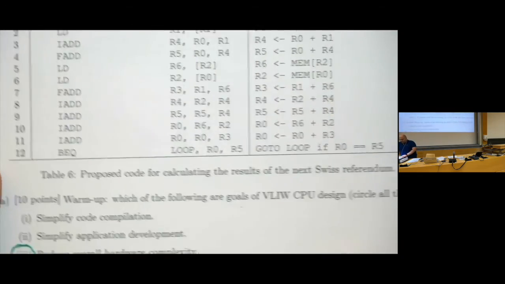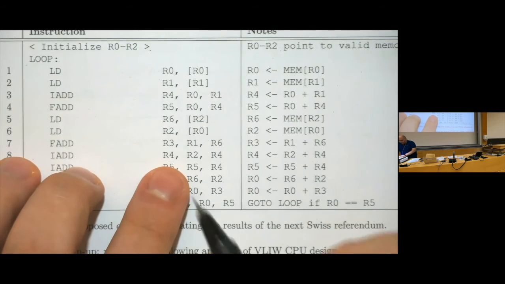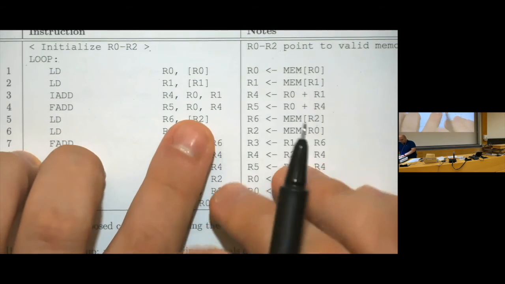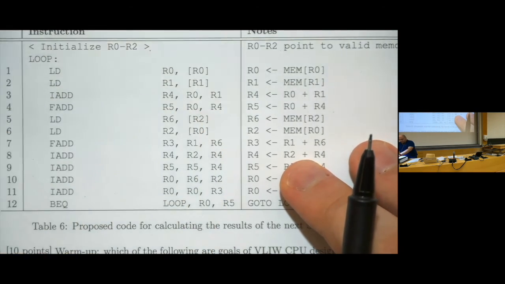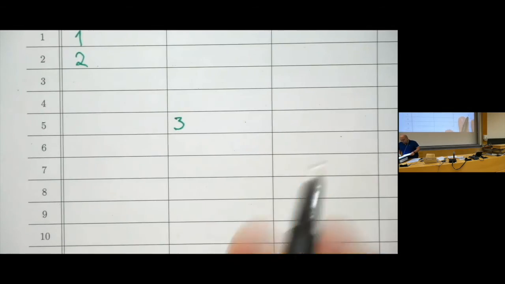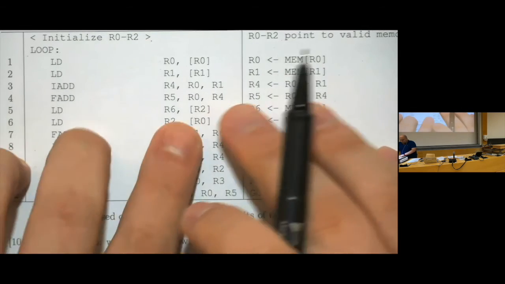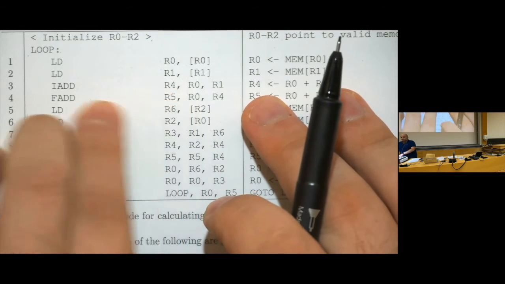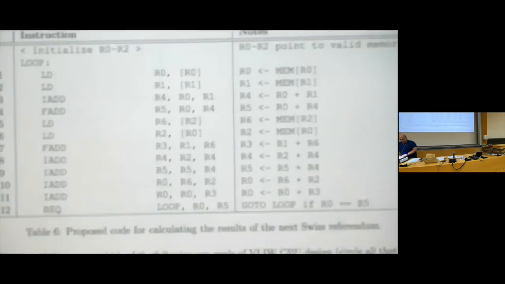Awesome. Let's look at the next instruction. We have a floating point add now. This one requires the values of R0 and R4. R0 is loaded in the first instruction, and that becomes available in cycle 4. However, the value of R4 only becomes available after this integer add completes. How long does the integer add take to complete?